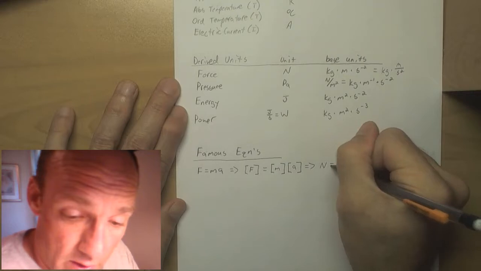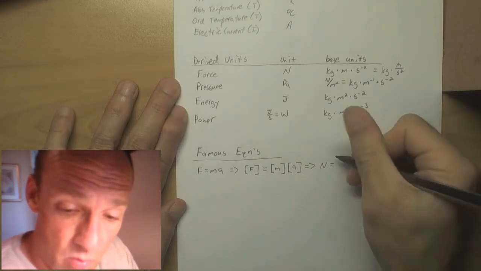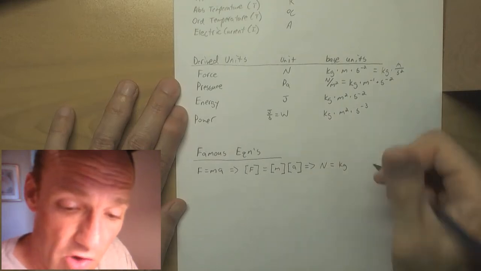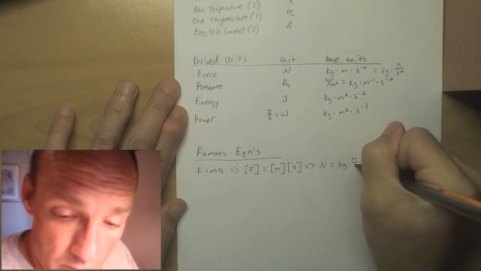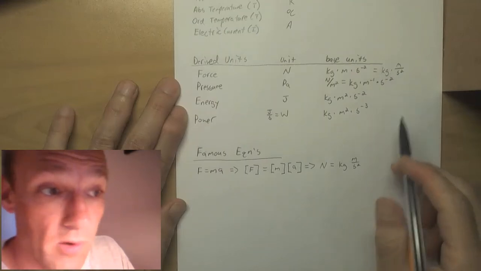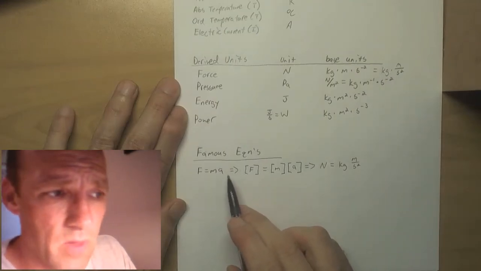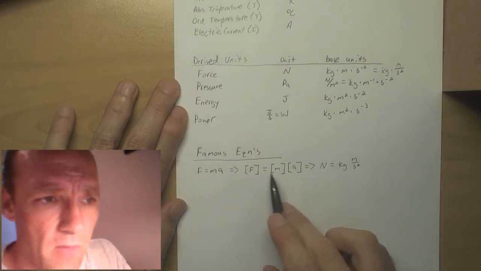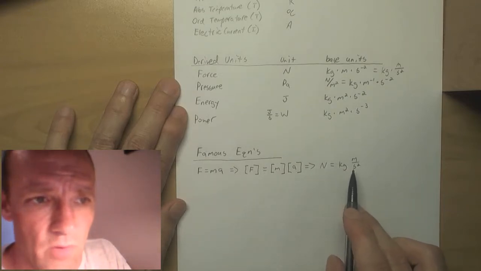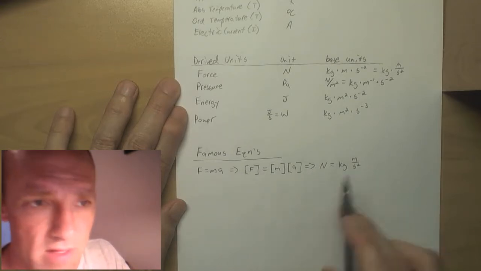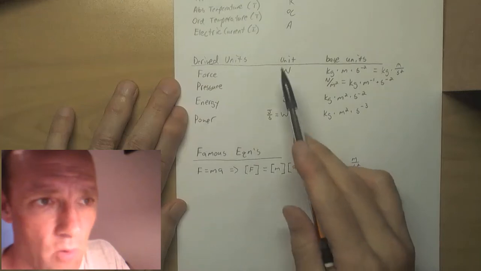All right, and that equals units of mass, which is kilogram in the SI system, and units of acceleration, meters per second squared, which is exactly what I told you up here. So this is useful, you know what I mean? Because this is something that's easy to remember, and then from that you can quickly derive exactly what the units of force are in base units. That way you don't have to memorize all this stuff.